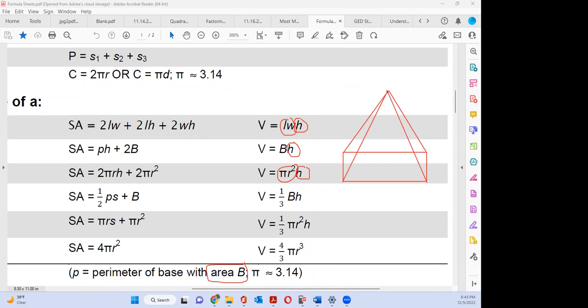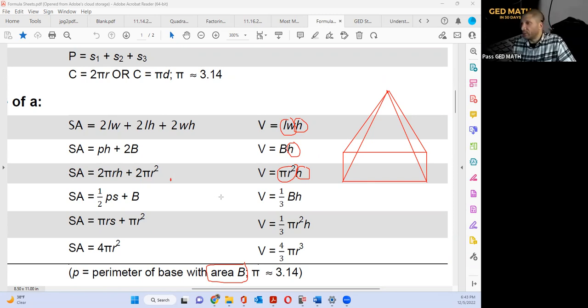So the base is a rectangle, but it's coming to a point. I'm gonna show you something else. Watch this, because I really need for you to understand.